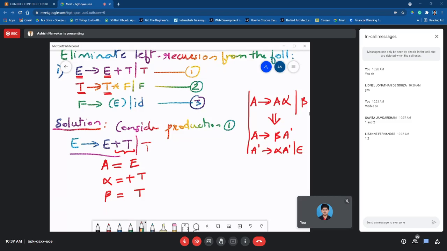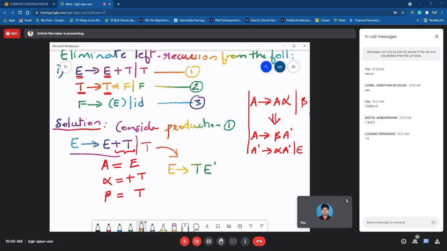Right. So now, since we have already identified which is A, which is alpha, and which is beta, we can rewrite this particular rule. Rewriting this particular rule, what we will get is E derives beta A dash. What is our beta? Beta is T. So T E dash. Okay. So I'm introducing a new non-terminal or new variable over here.